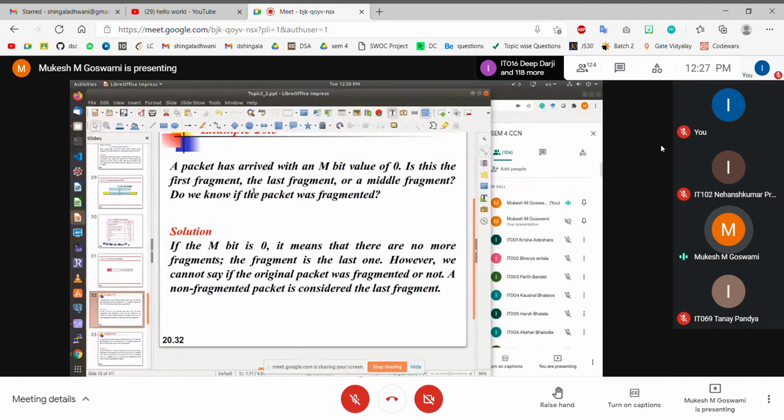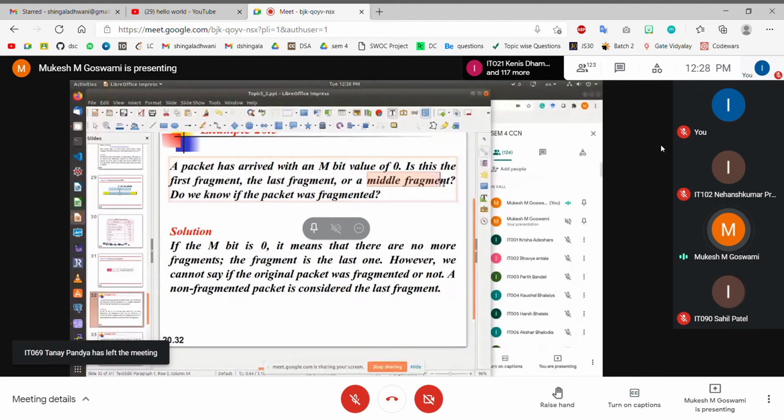When M bit is equal to 0, this definitely means that there are no more fragments, which tells us that this particular fragment is a last fragment. Okay, so this particular part is true. This is a last fragment. Since it is a last fragment, it is not a middle fragment, right?